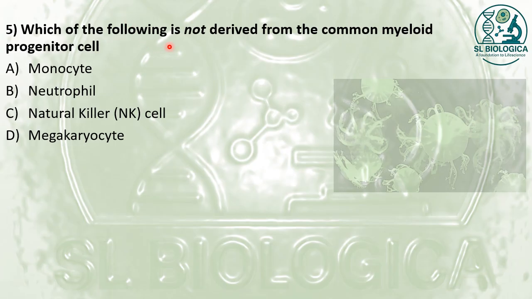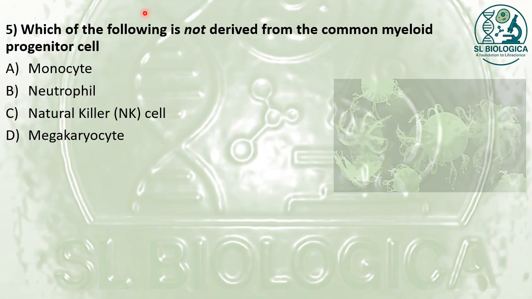Which of the following is not derived from the common myeloid progenitor cell? So this would be an easy question, right? Because we already discussed the hematopoietic pathway, how the lymphoid lineage is happening and how the myeloid lineage is proceeding.